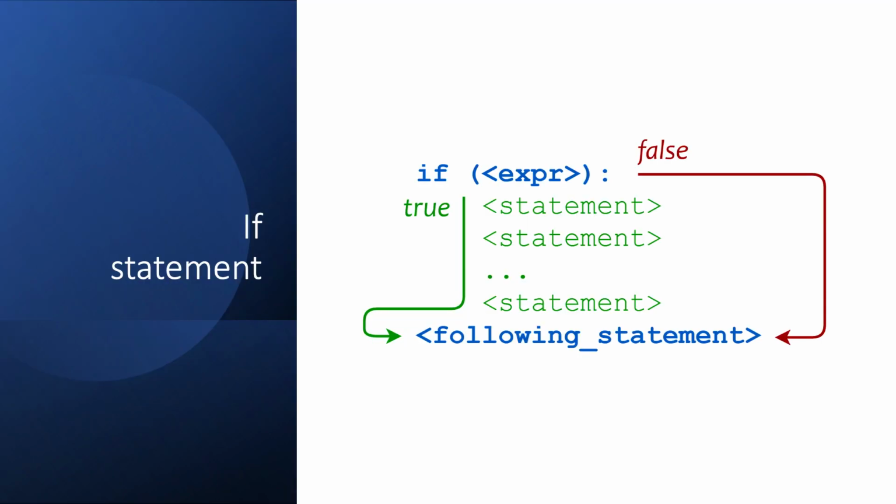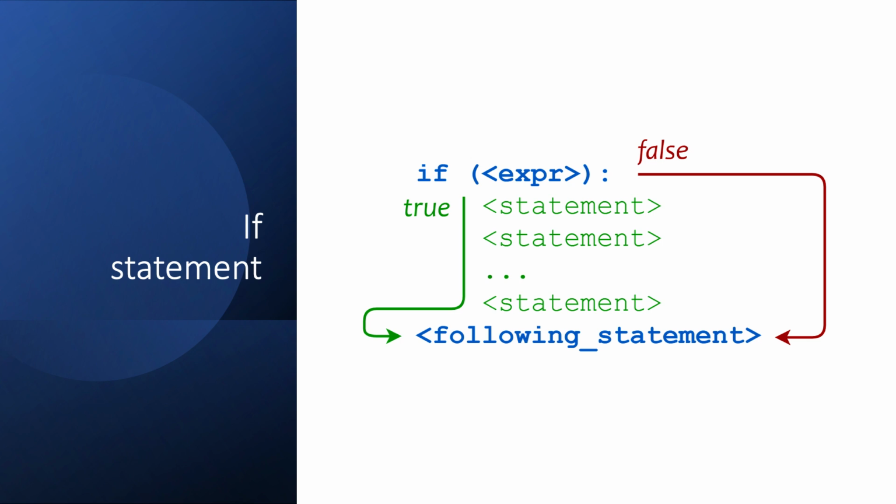Alright, this slide illustrates the basic structure and flow of an if statement in Python. First of all, we start with the reserved word if, followed by some condition, then followed by a colon. So the if statement is used to execute a block of code only if a specified condition, represented here by the expression, evaluates to true. So this flowchart is presented to visually explain the decision-making process of an if statement.